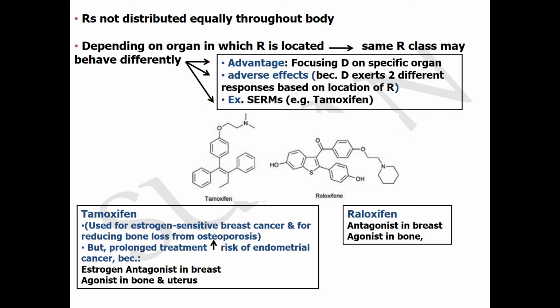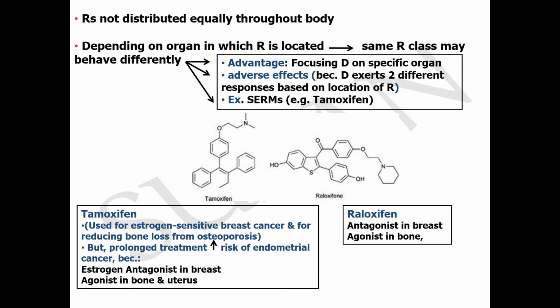For example, selective estrogen receptor modulators, SERMs, and the most common example is tamoxifen. Tamoxifen is used for estrogen-sensitive breast cancer, and also it can be used for the treatment of osteoporosis, for reducing bone loss. However, prolonged use of tamoxifen can increase the risk of endometrial cancer.